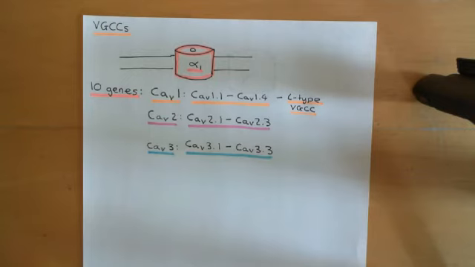Okay, right. Now let me just talk a little bit more about L-type voltage-gated calcium channels. Let me give you some examples of where they are very important. So in skeletal and cardiac muscle cells, L-type voltage-gated calcium channels play an incredibly important role in the excitation-contraction coupling.